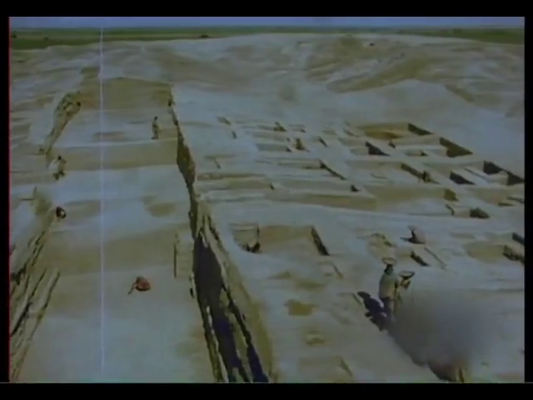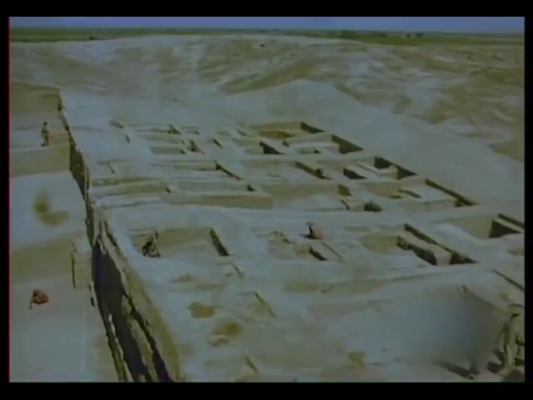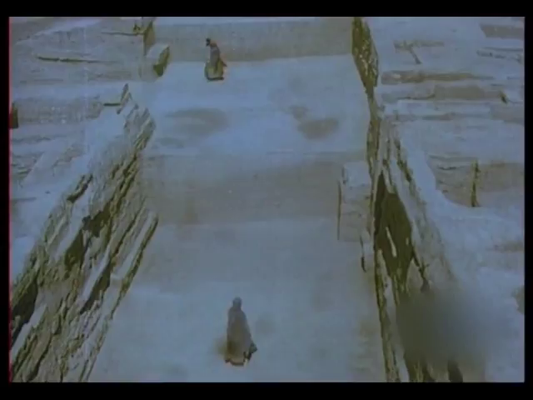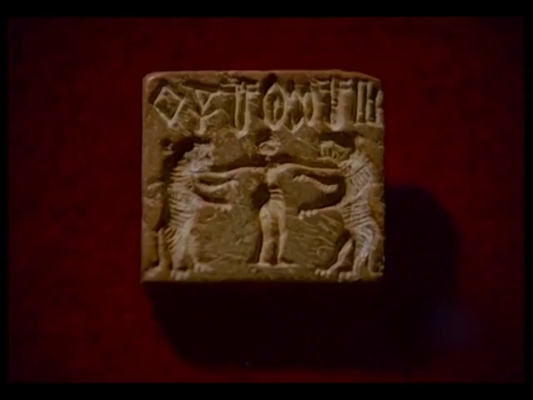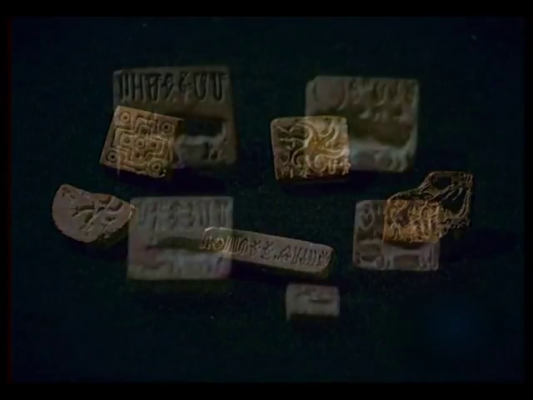Now, coming to the details of the archaeological mounds and artifacts, we find that the Harappan people had used different kinds of seals having different kinds of symbols or pictures engraved on them.